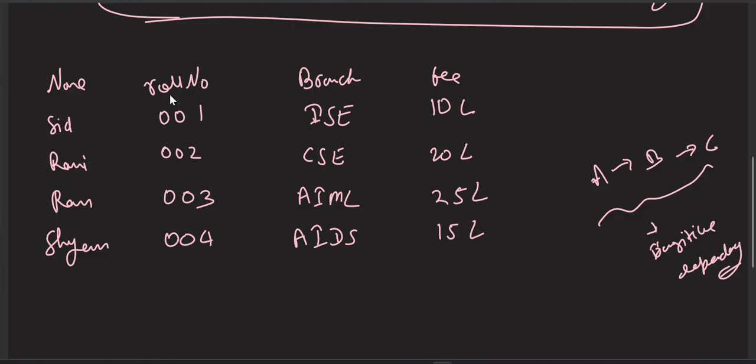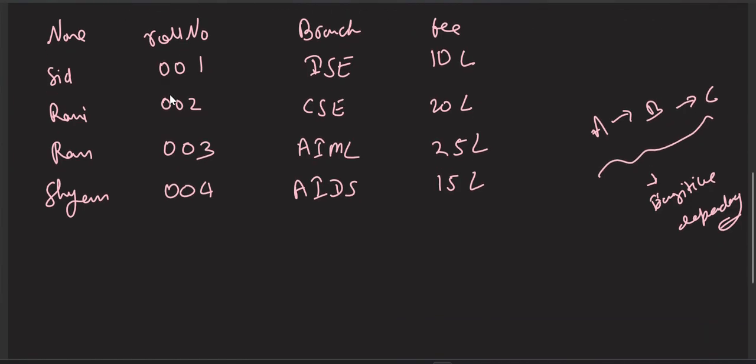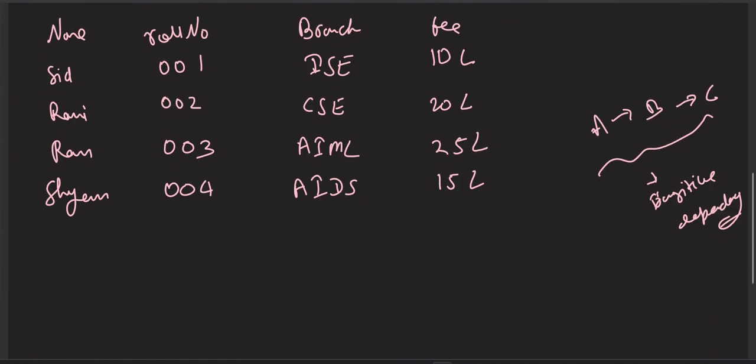So for that, the simple thing we have to do is separate the table. So now we have to carefully separate this table. Let's think about how can we separate it. So yeah, you are correct. First, we will make a table of this one, and the second table will be made using these two attributes.